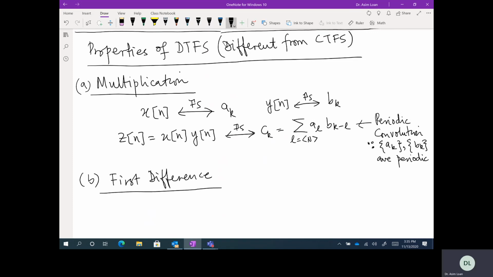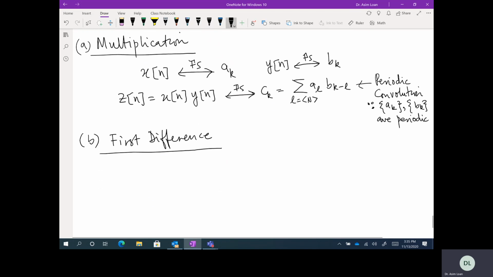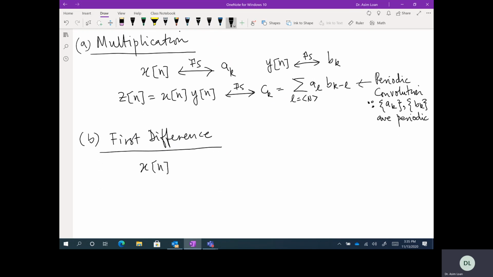So what is the first difference? x[n] has the Fourier series a_k. Consider x[n] minus x[n-1].